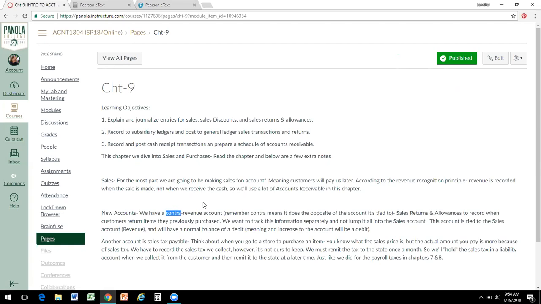The other account we have this chapter is called sales tax payable. Now payable, remember, the key has pay in it, right? If it's a payable, we are liable to somebody. We have to pay that to somebody else, right? So it's a liability. It's not a revenue account. Again, with the Walmart example, when you buy something from Walmart, you have to pay tax on it, right?